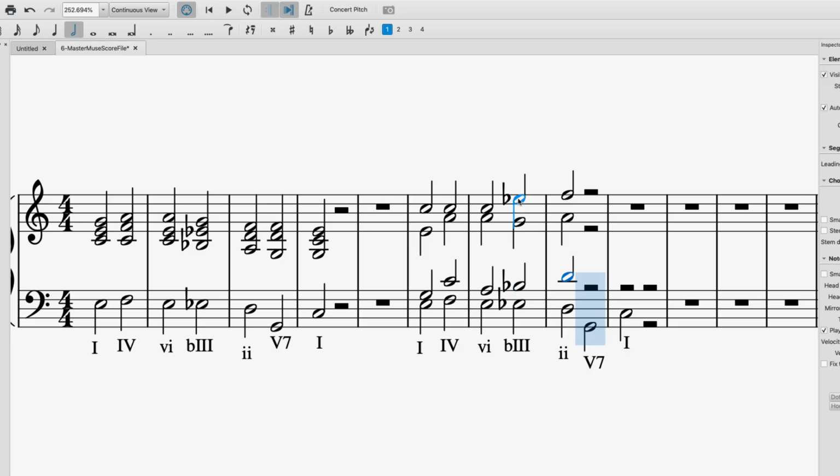B flat to E flat is a 4th. Moving up to a 5th. That's a parallel 5th. E flat is our root, so that's a parallel 5th. E flat to F. Oh, no, it's not, because this has got a skip. All right, we're good. If this was going up to C, it would be, but it's not.